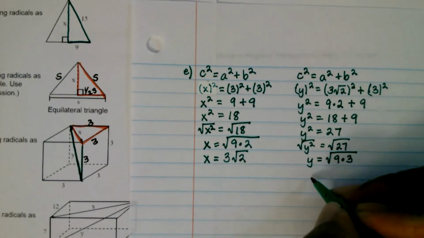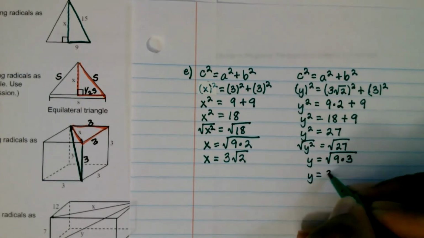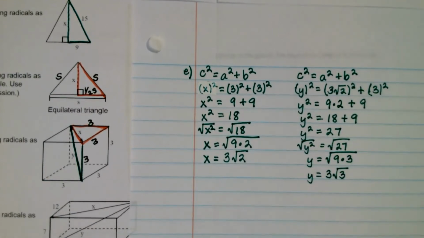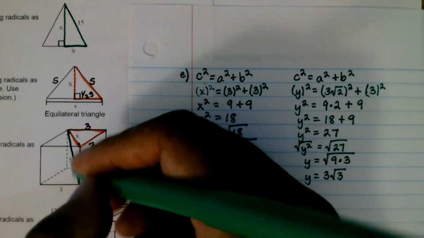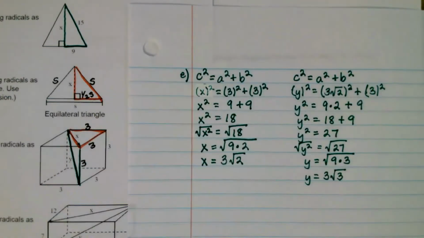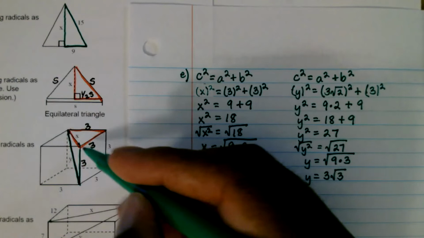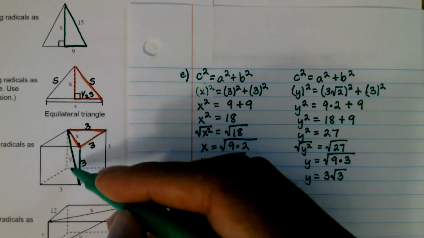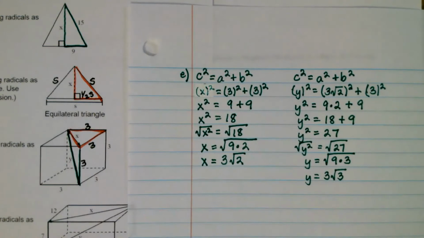Now I can take the square root of 9, which is 3, and then bring down square root of 3 because 3 is not a perfect square. So that's what y is equal to. That's the length of this hypotenuse here in this cube. Y is equal to 3 times the square root of 3. So as you can see here, I had to find out what x is first before I can find out what y is.